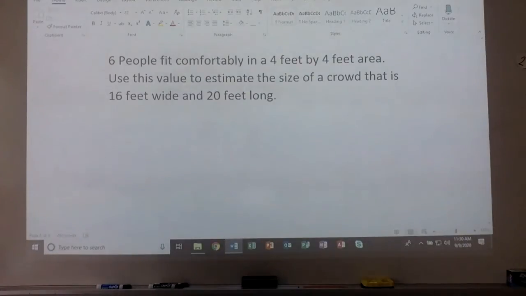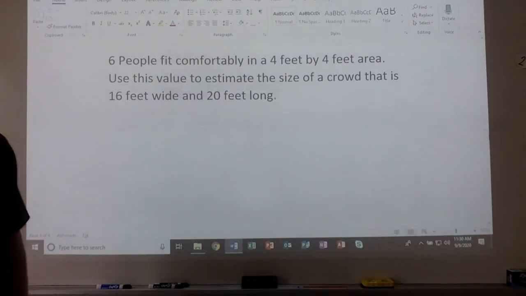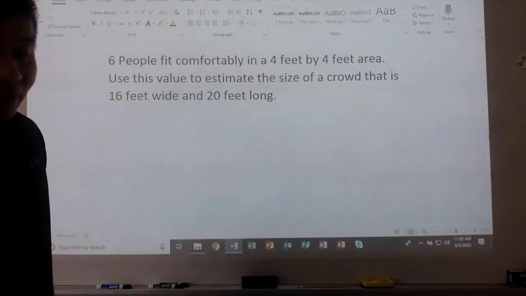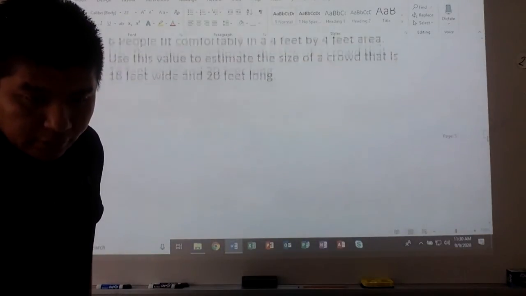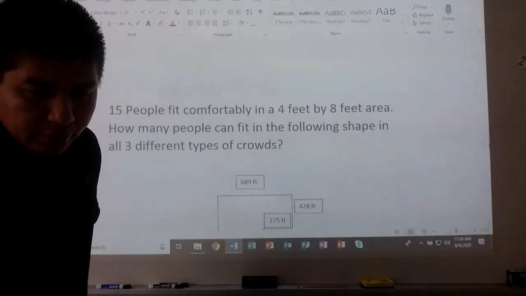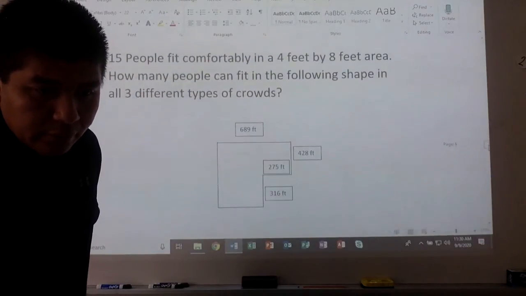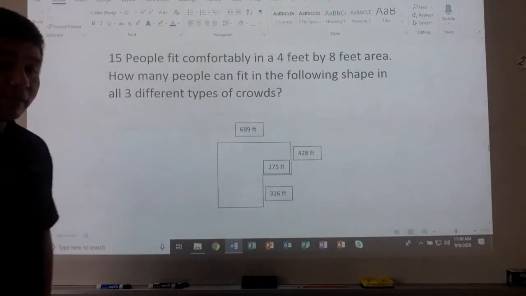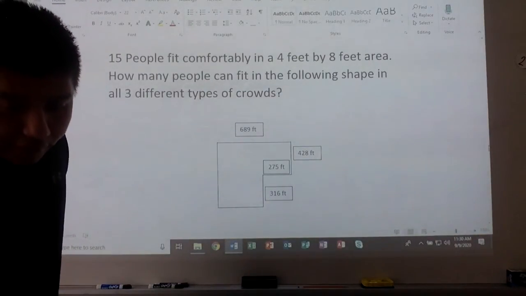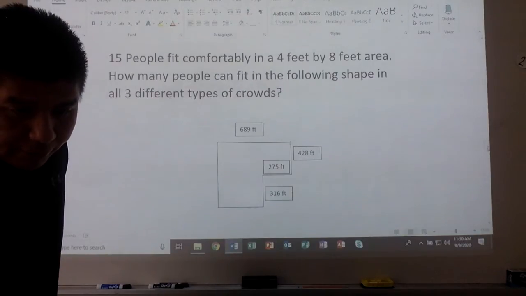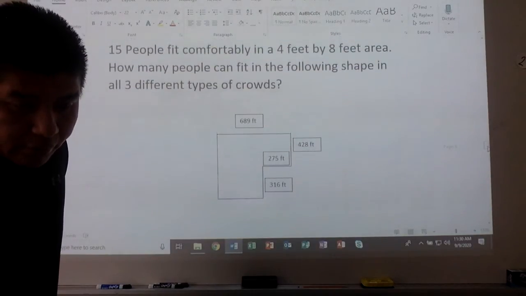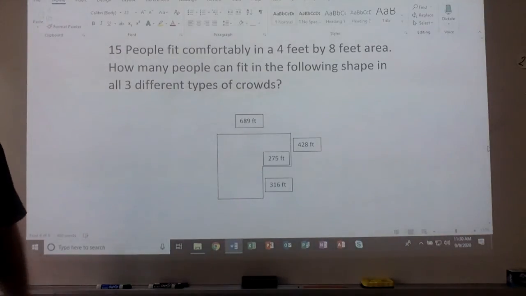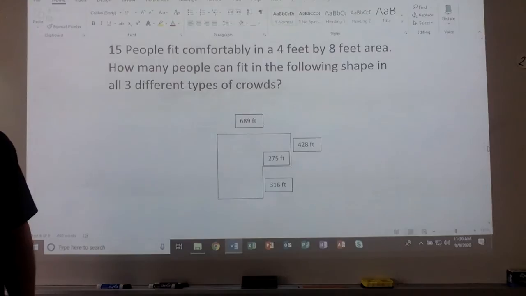It's basically the same thing I just did in the first one. I don't want to do the ones that actually come with the shape. Same thing. We're trying to figure out how many people will fit in that shape. Well, most of you are seniors, and if you're not, I guess you're taking this class for now.